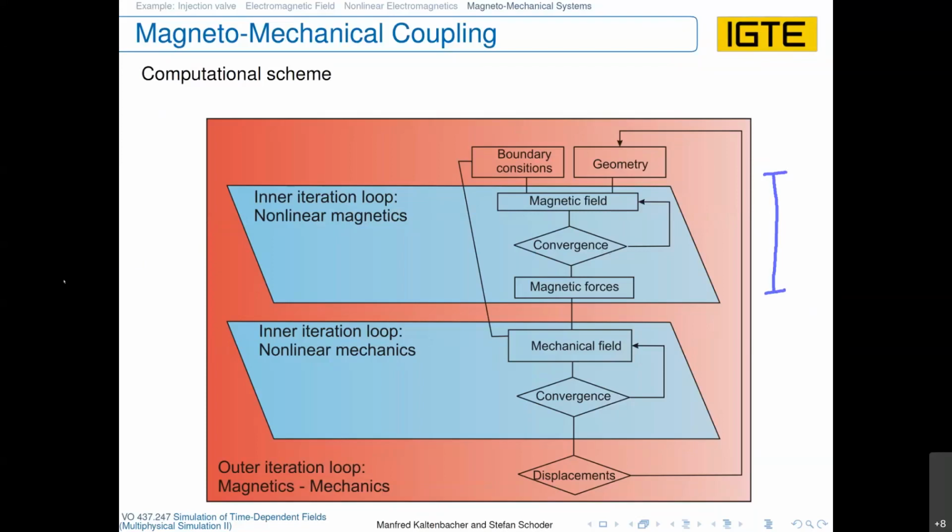And then when we have the magnetic field, we can compute, very importantly, these magnetic forces. And then the magnetic forces are known, and we go on and can compute the mechanical field with known magnetic forces.